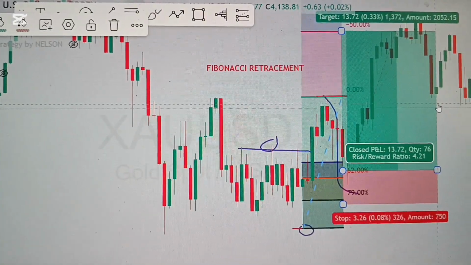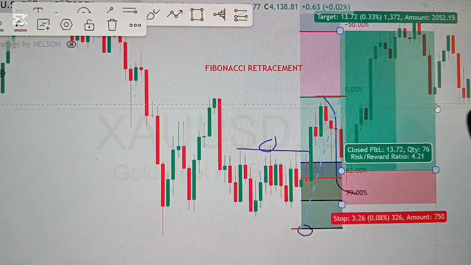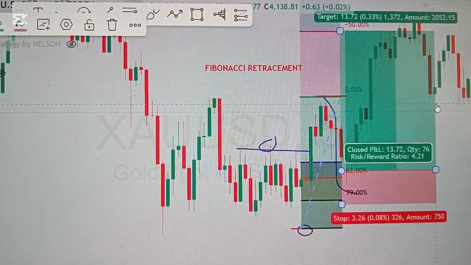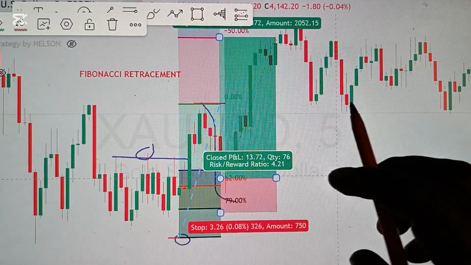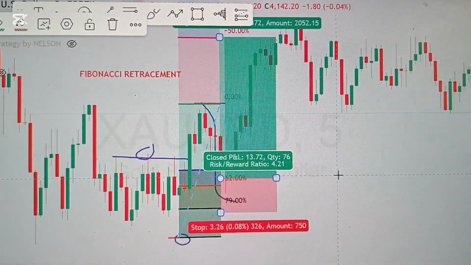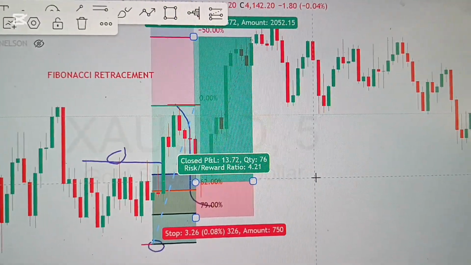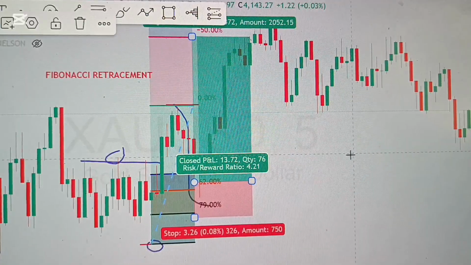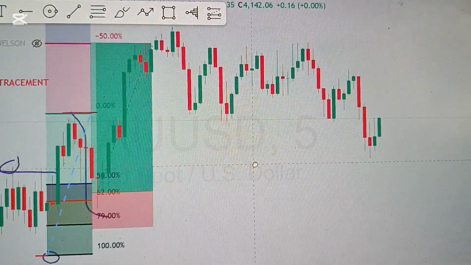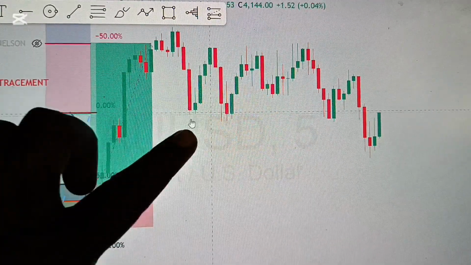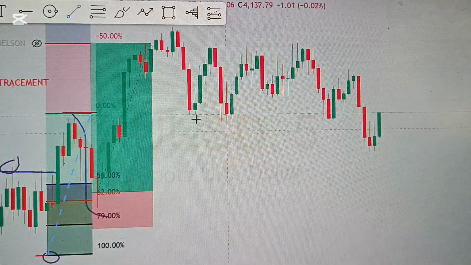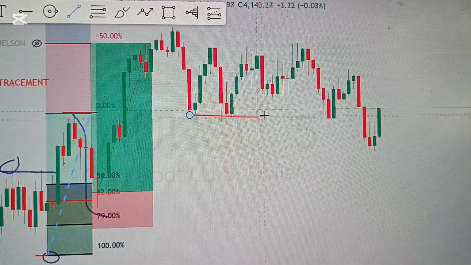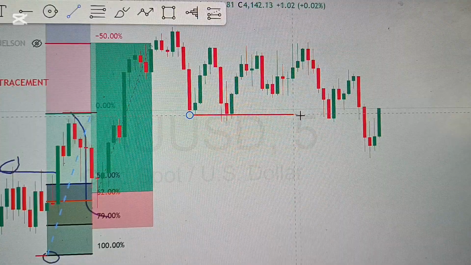You see that? I want us to see another good example of the Fibonacci retracement. We are not going far, so I want us to use this very close example, and this is where gold is right now. Check that. So this is our previous point. Remember that for us to mark the break of structure, the candlestick must be below this line.